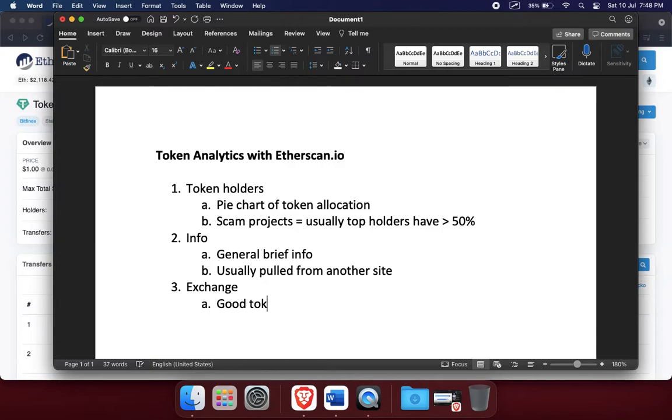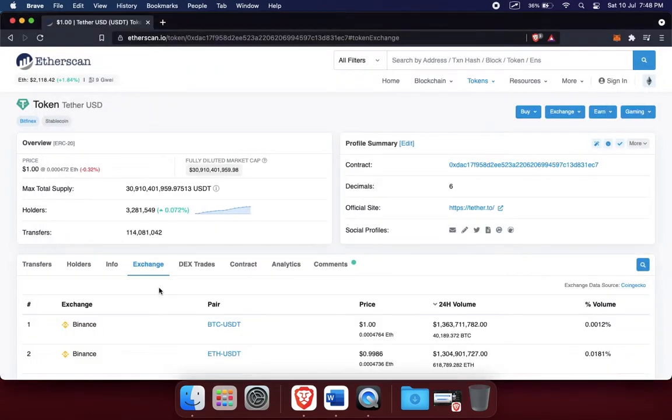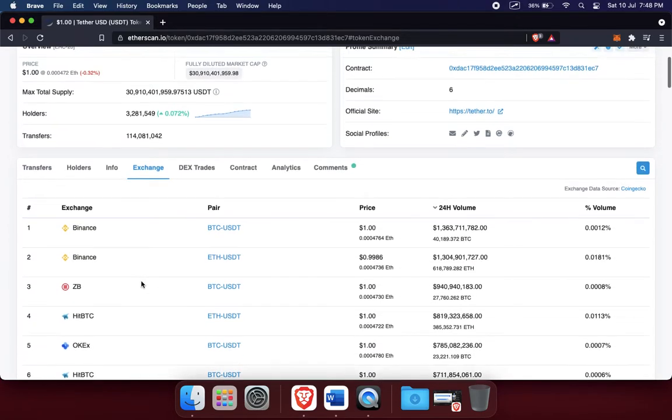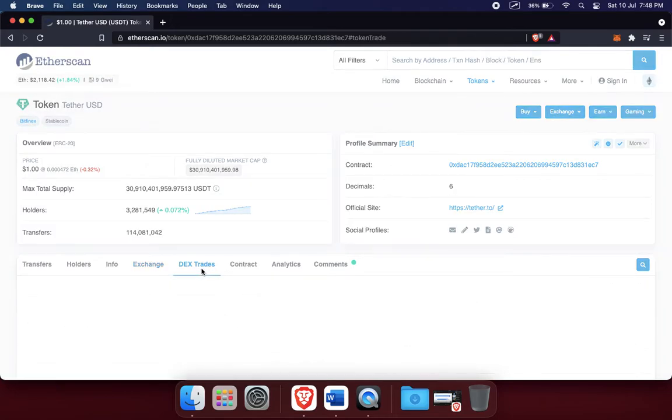Good tokens have lots of activity and are listed in lots of places, and scam tokens are oftentimes not on centralized exchanges. So even if you don't like centralized exchanges, they usually help protect you against scam tokens or rug pulls.